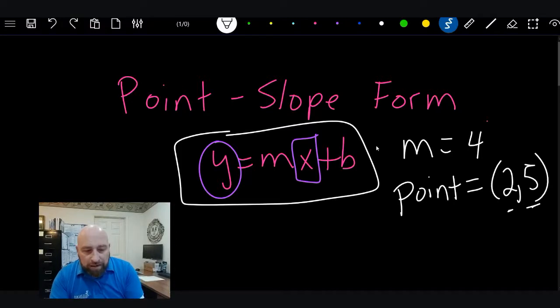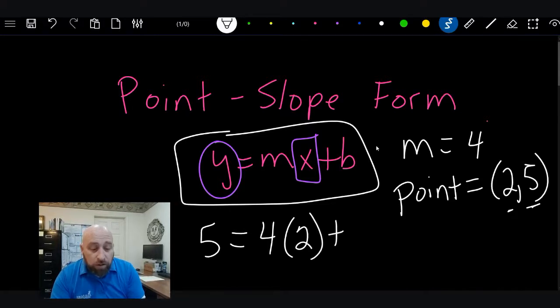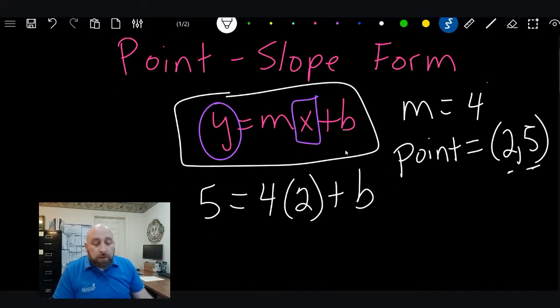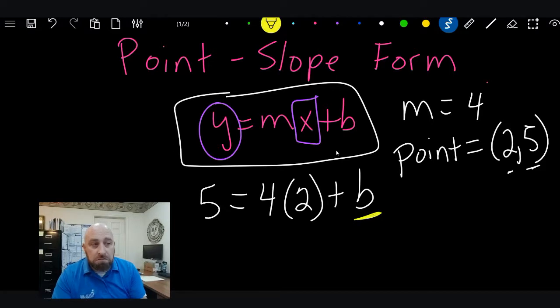So the y is 5 equals, the slope is 4, the m is 4, the x is 2, and we don't know, in this case, we don't know the y-intercept, it's just b. Okay? And this is interesting right here because we can find what the b is. In other words, we can solve for b.